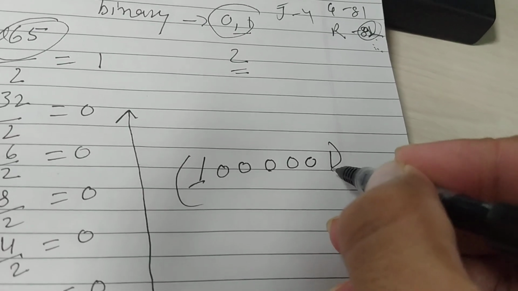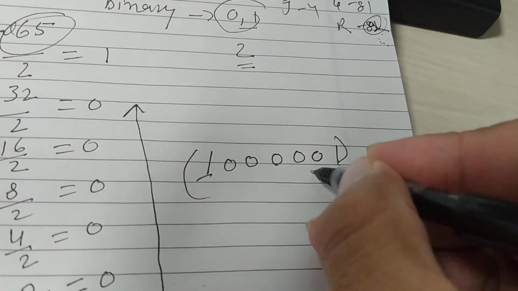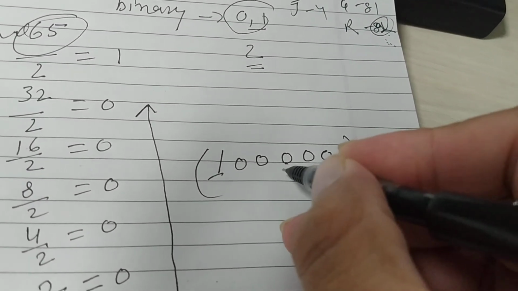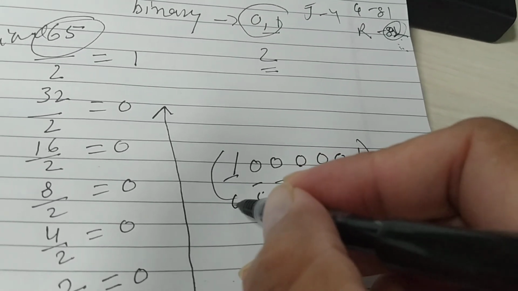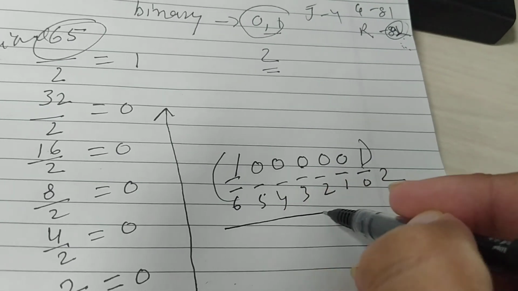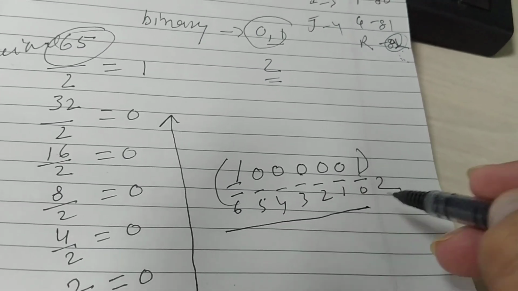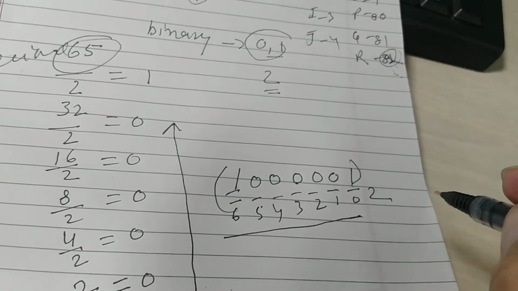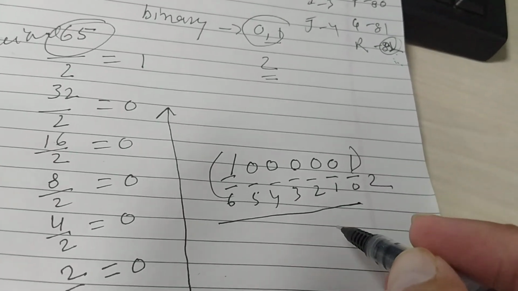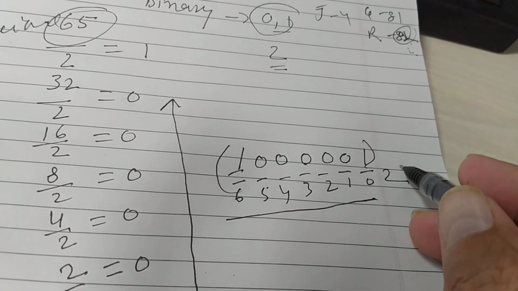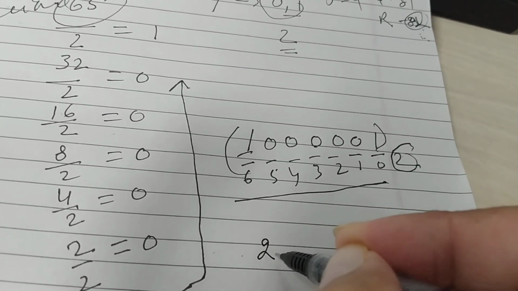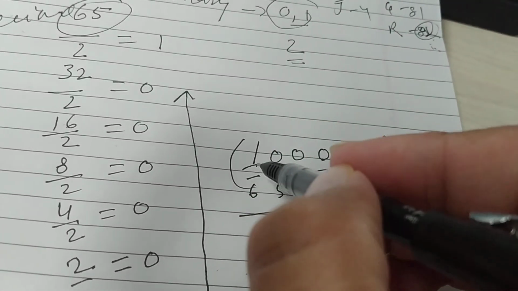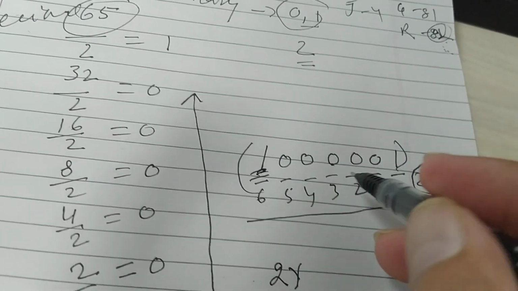You know that this is position 0, then 1, 2, 3, 4, 5, and this is 6. We want to find what the number is in decimal form, so we can convert it. The base of this number is 2, so 2 to the power 6 times the value 1.